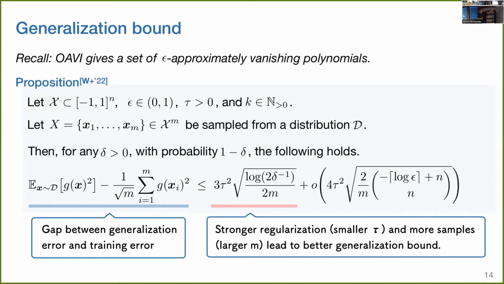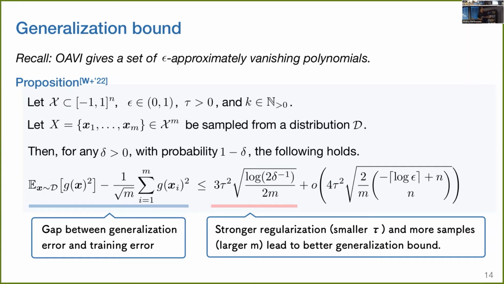And X is a data set sampled from distribution D. In that case, for any positive delta, with probability 1 minus delta, this inequality holds.